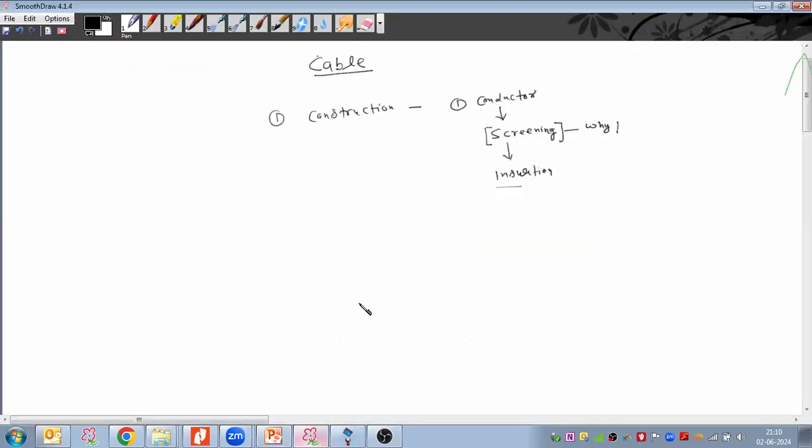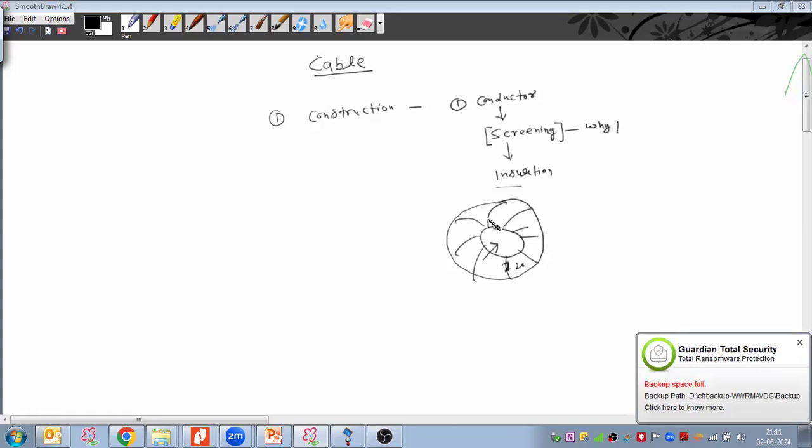Because when we are taking a conductor, on that conductor we are applying a certain voltage, 220 kV, 132 kV. So this conductor will have a surrounding electromagnetic field. This electromagnetic field stress comes directly on the insulation. And another point is that this stress is not uniformly divided. In some places stress is higher, in some places stress is lower.